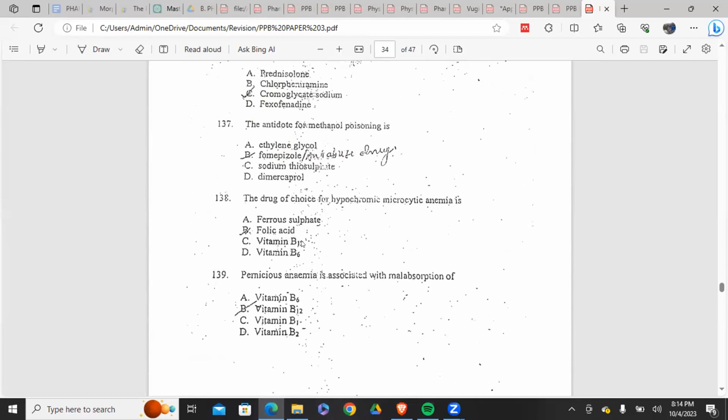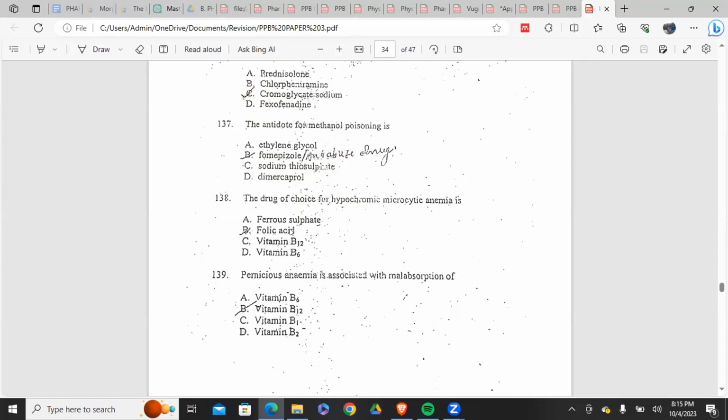Anyway, okay. What is vitamin B12 for? I've seen what I was looking for. Is vitamin B12 megaloblastic? Megaloblastic anemia, but the question is asking the drug of choice for treatment of hypochromic microcytic anemia. Yeah, it's because most of the time they confuse folic acid and B12. Okay.